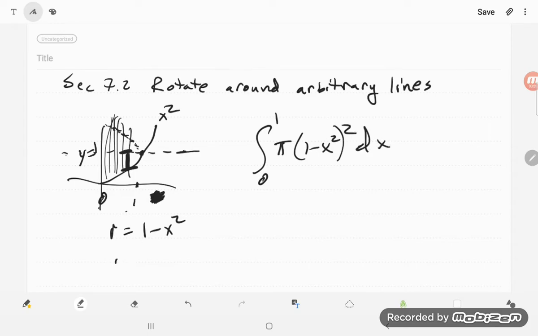Okay, so it's always pi r squared h. It's just trying to figure out what the radius is, and then h is typically a dx or a dy. Well, we're slicing this way, so we do that. If I want this integral, I have pi times, and I just multiply that out.